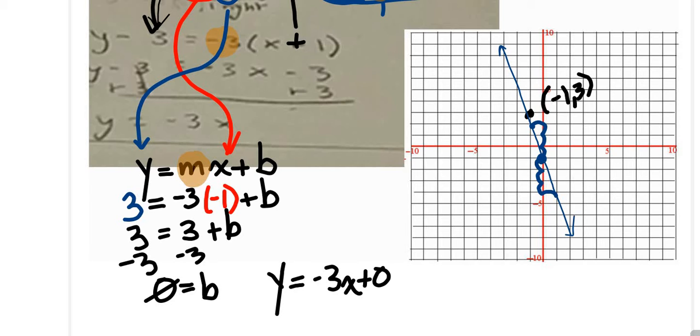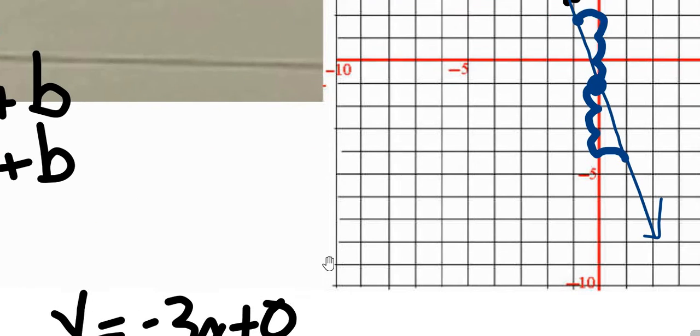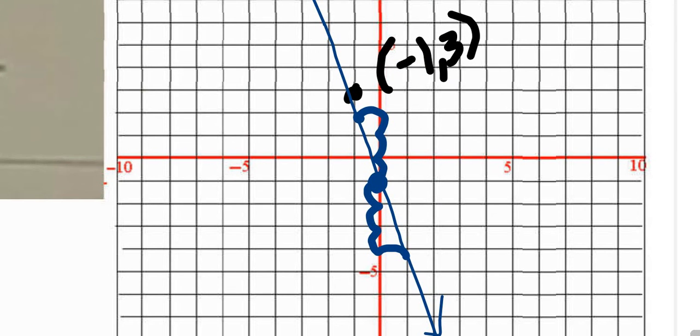So this would be our second line. So we start at 0, and our slope is negative 3 over 1 again. So up 3 over 1. You can see we're going to go right through that line, down 3 and over 1.